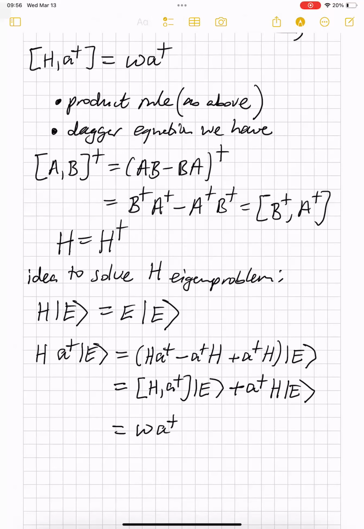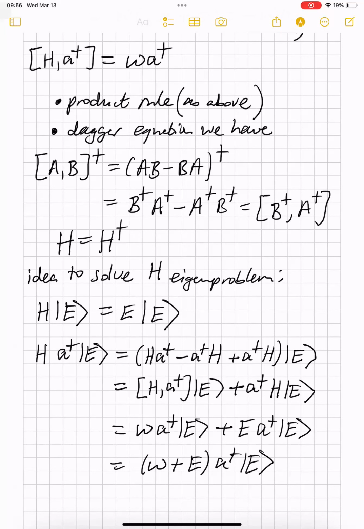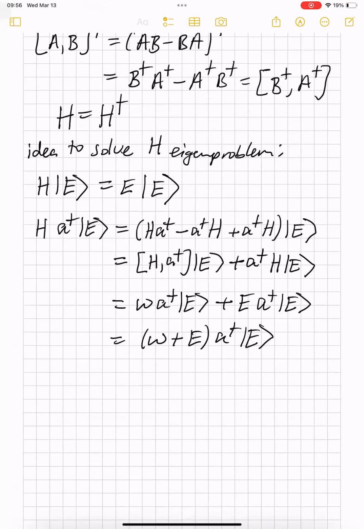It's just omega A dagger on the energy eigenket, plus the Hamiltonian acting on the energy eigenket is just E. I can pull that out as just a number. So this is just E onto A dagger times E. So actually I can pull off omega plus E onto A dagger E. So if ket E is an energy eigenket, so is A dagger on ket E.